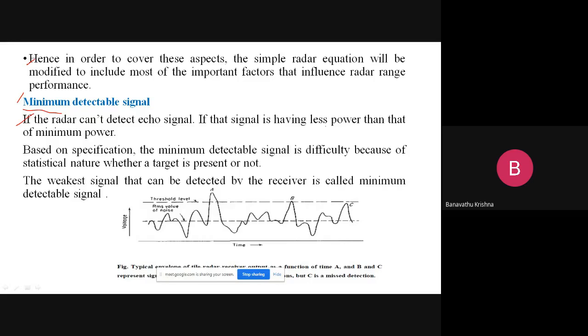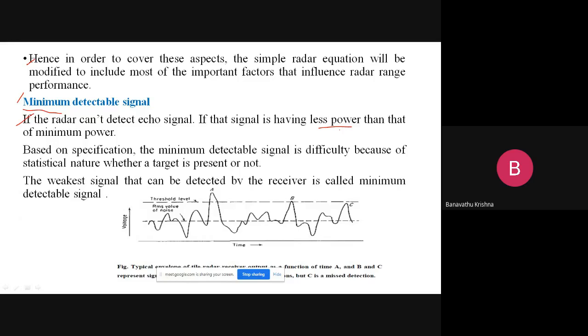If that signal has less power, which is one of the problems in the previous topic, it may not be detectable because the signal has weak strength. Then that type of signal is not detected by the radar receiving antenna. So only when the signal strength increases are the echo signals detected at the radar receiver station.